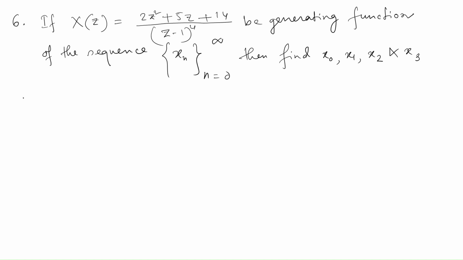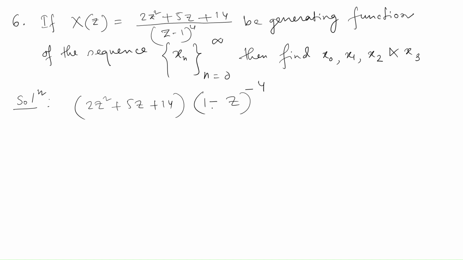Let's start. We can write this as 2z square plus 5z plus 14 multiplied by (1 minus z) power minus 4.